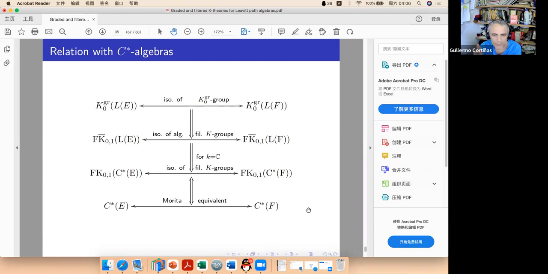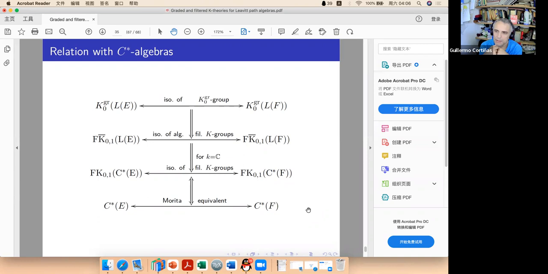Suppose you have all that, then it proves that there exists a unital graded homomorphism from LE to LF that preserves the involution and the diagonal, and so that when you apply K0 gr to it, you get back the homomorphism you have.